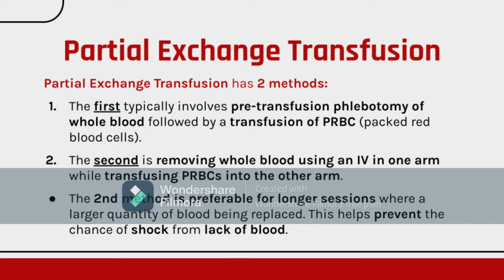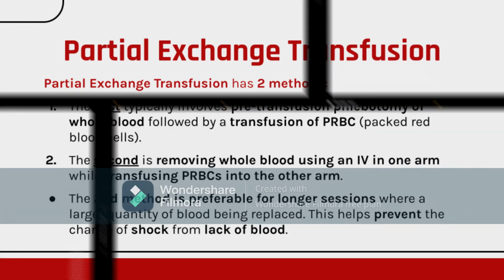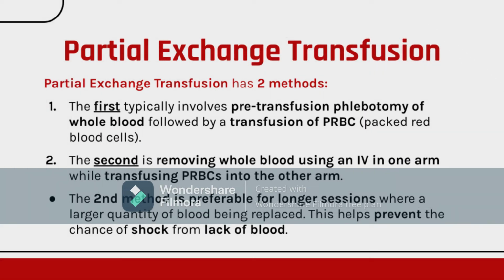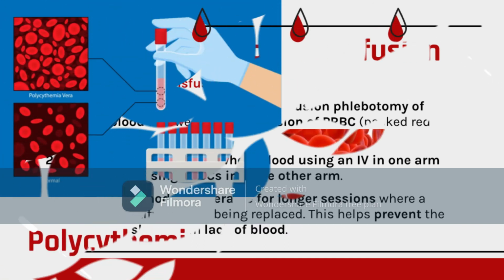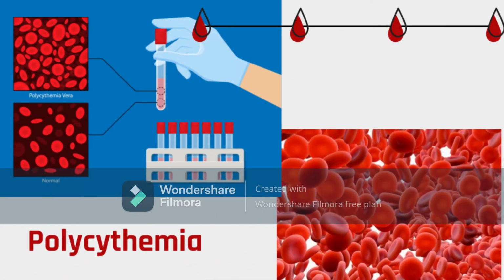The second involves removing whole blood using an IV in one arm while transfusing packed RBCs into the other arm. The latter is preferable for longer sessions where a larger quantity of blood is being replaced. This helps prevent the chance of shock from lack of blood. Partial exchange transfusions are often done for polycythemia conditions.